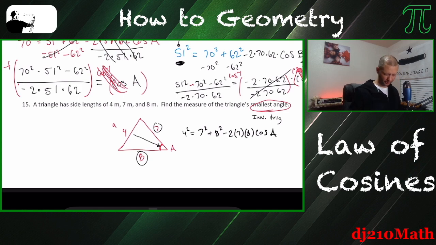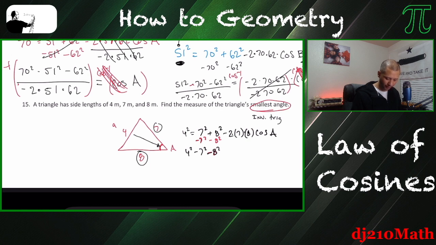Okay, moving some things around, we get 4 squared minus 7 squared, right? All I'm doing is subtracting. All right, minus 8 squared. Now I'm not going to subtract 2, right, because this is all multiplication.